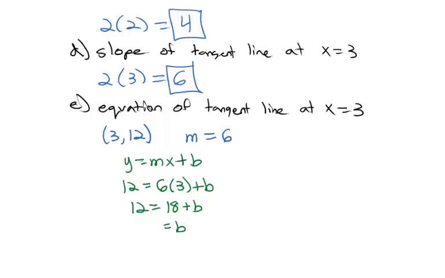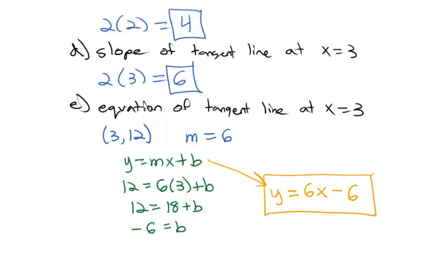And when we subtract 18 from both sides, we get negative 6. So y equals m, the slope of 6, x, plus b, in this case, negative 6. And this is the equation of the tangent line at the point x equals 3.